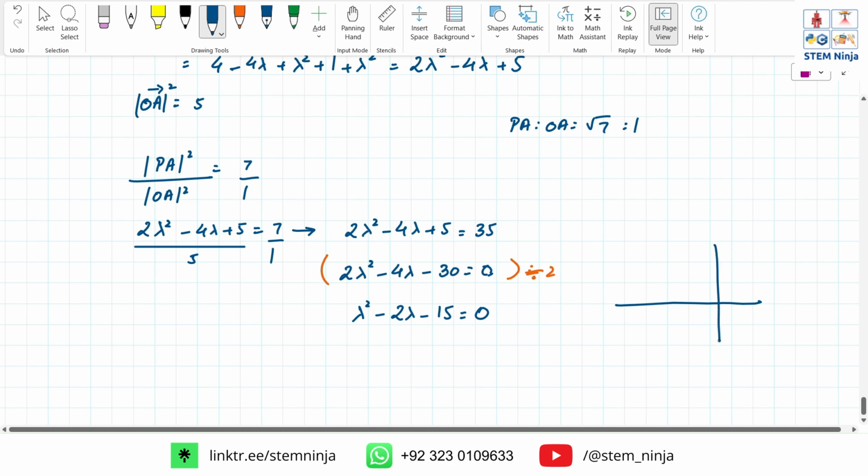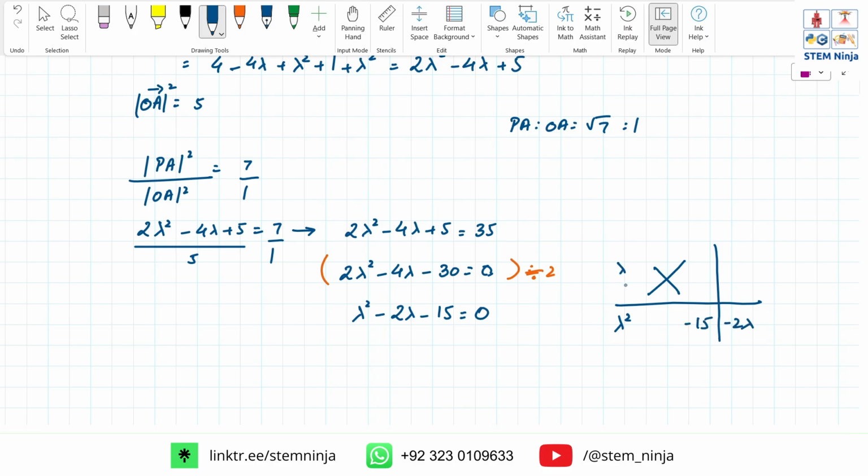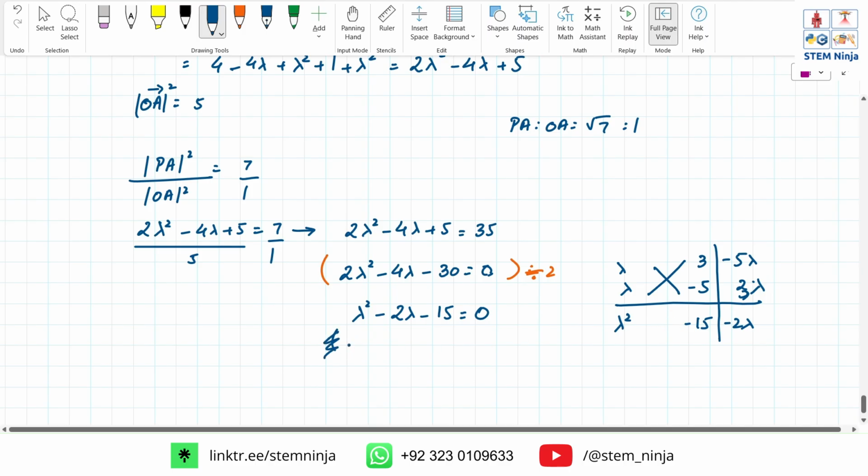We can use the sum and product rule: the product is 3 times 5, and 5 lambda minus 3 lambda gives minus 2 lambda, so the 3 must be the negative one. So we get lambda plus 3 times lambda minus 5 equals 0. So either lambda is minus 3 or lambda is 5.